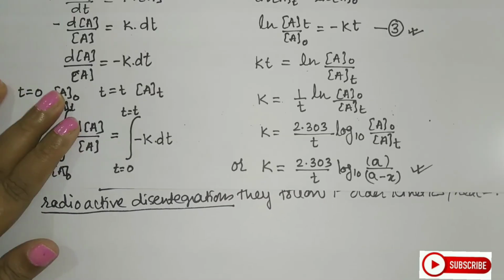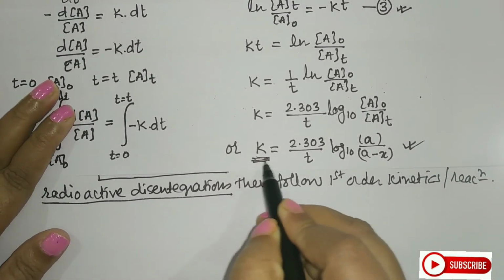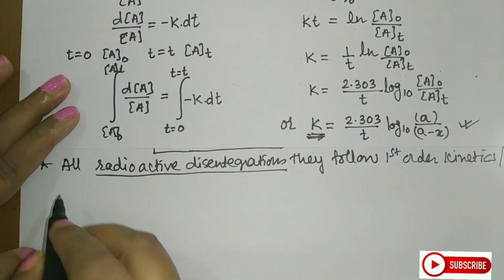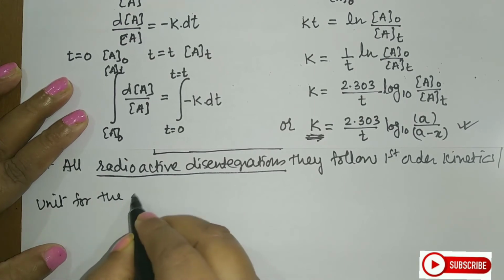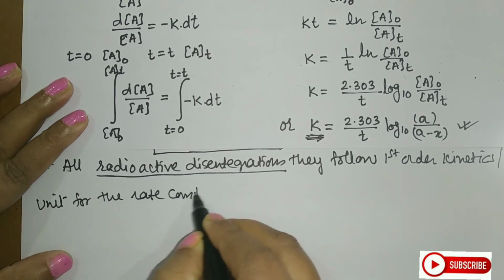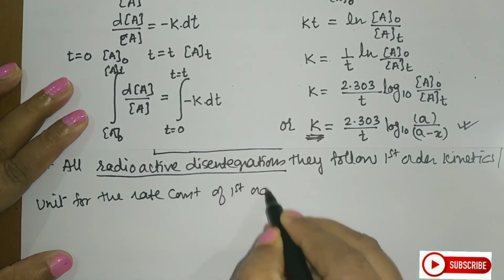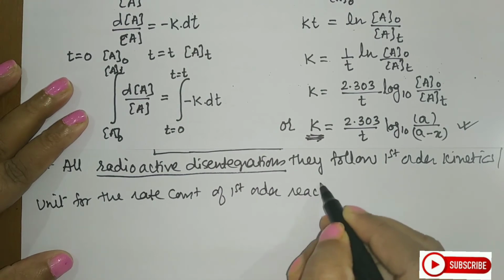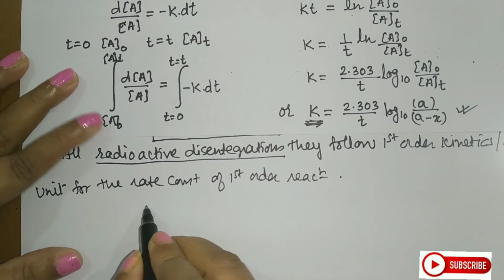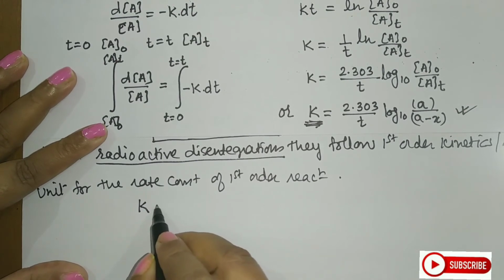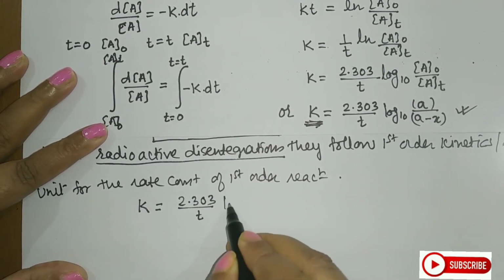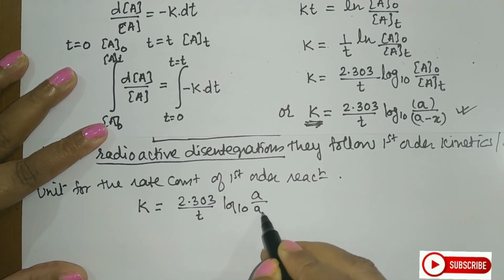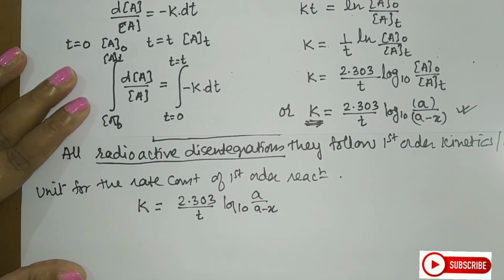Now let us come back to this particular k, that is the rate constant, and let us see what will be the unit for the rate constant of first order reaction. For that, let us write the reaction equation. So k is equal to 2.303 upon t log to the base 10 of A upon A minus x, or A0 upon At.